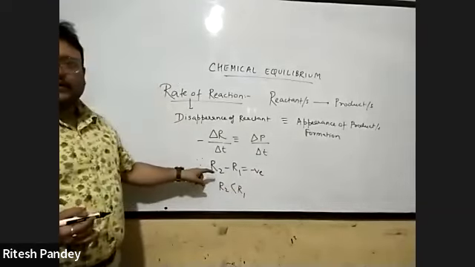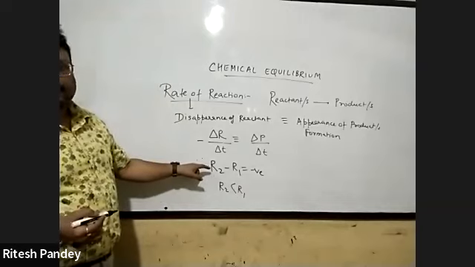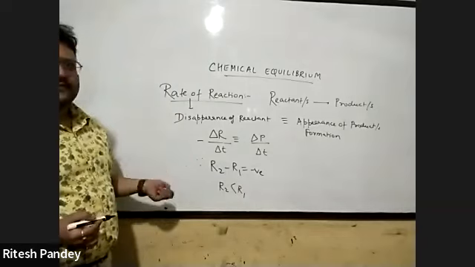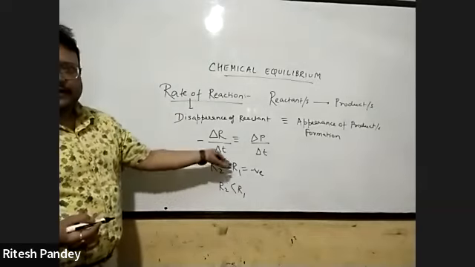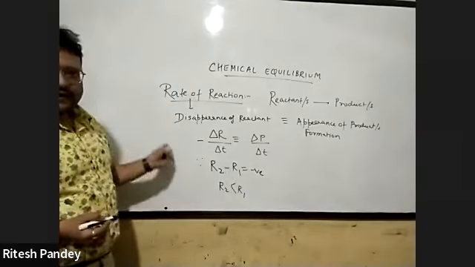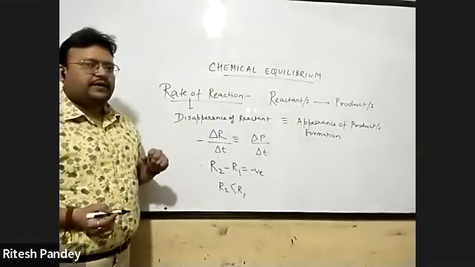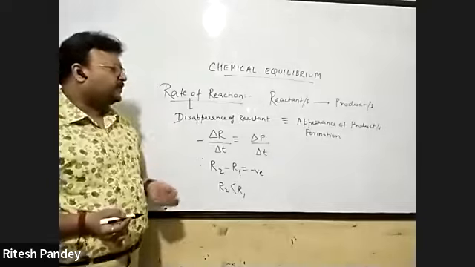Naturally, R2 is the amount left after time T2. R1 is the amount left after time T1. Naturally, T2 is later than T1. Reactants will decrease with time.